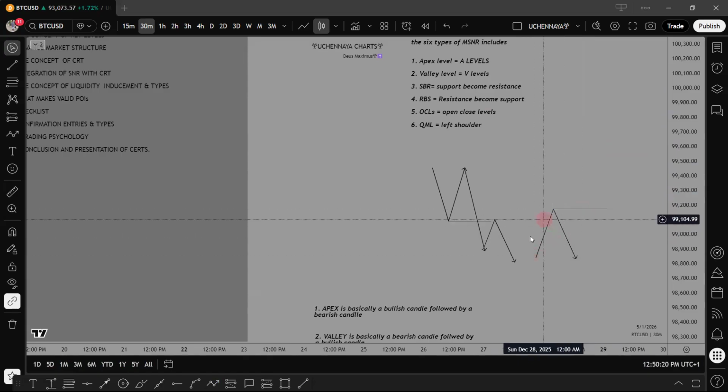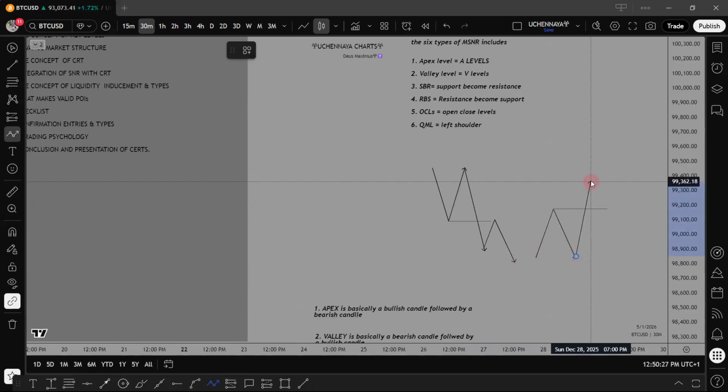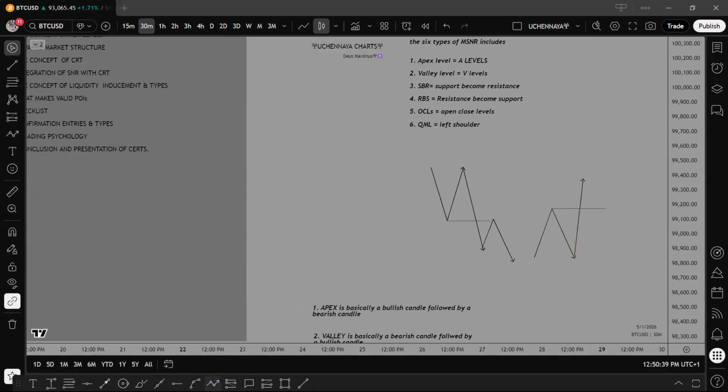But then price came from here. Instead of sponsoring the sales from here to here, price just broke above it. Now, the next movement that comes, it turns into a support. A resistance broken becomes a support.